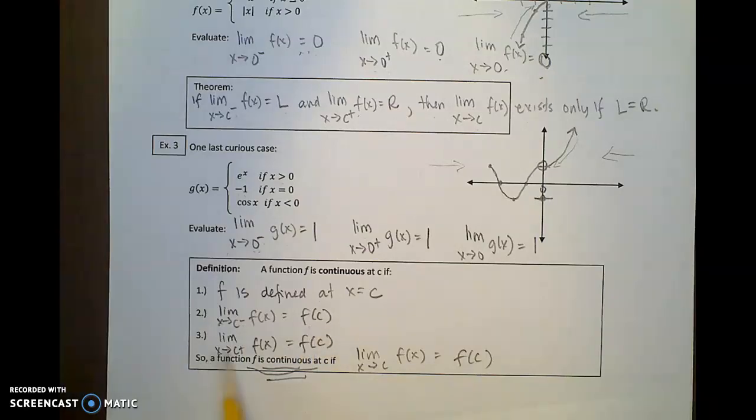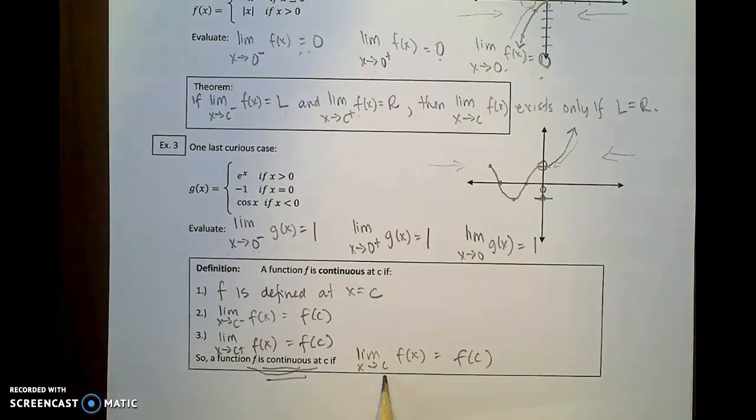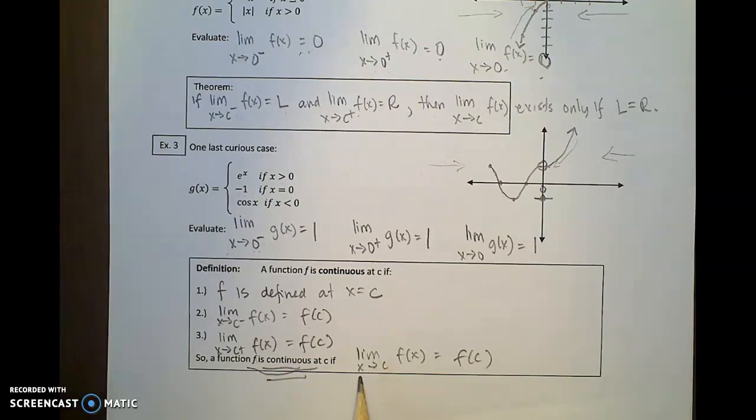The third: the limit as x approaches c from the right is equal to the output when you plug c in for x into your function. If all three of these requirements are met, then the function is deemed continuous, if the limit as x approaches c for that function is that specific output.